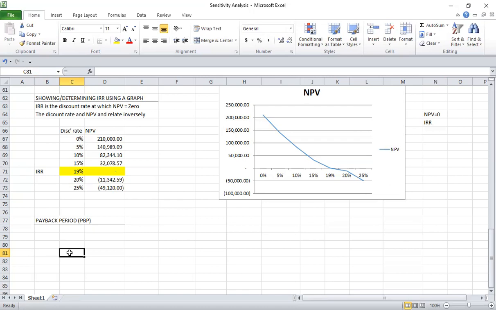How did you define a payback period? Okay, I would say payback period is the period in which it takes a project to return its initial outlay, or to return back the investment which was pumped into that project.